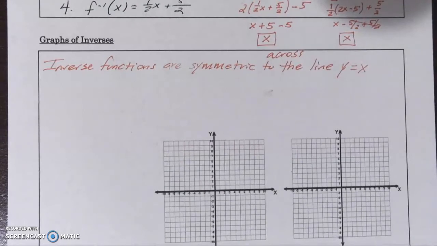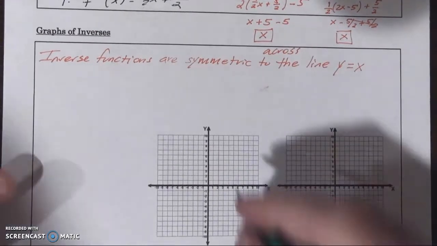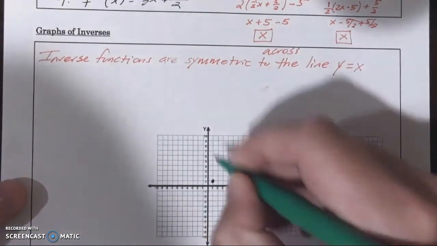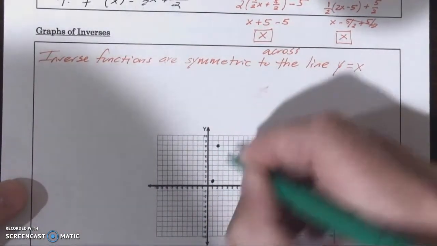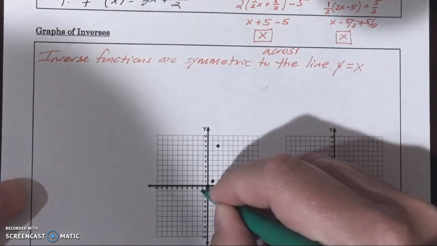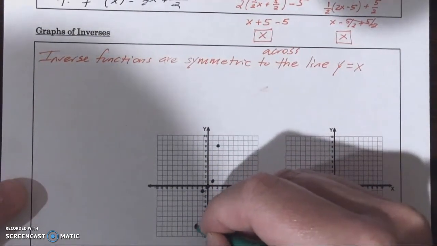Okay. Inverse functions are symmetric to the line y equals x. Okay. I'm going to give you a couple functions that we know to be inverses, the cube root of x and x cubed. And we'll see what these functions look like.